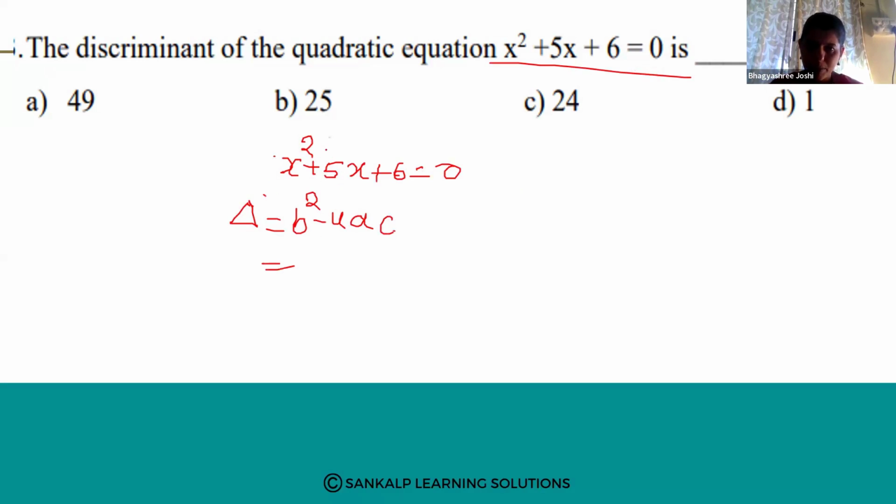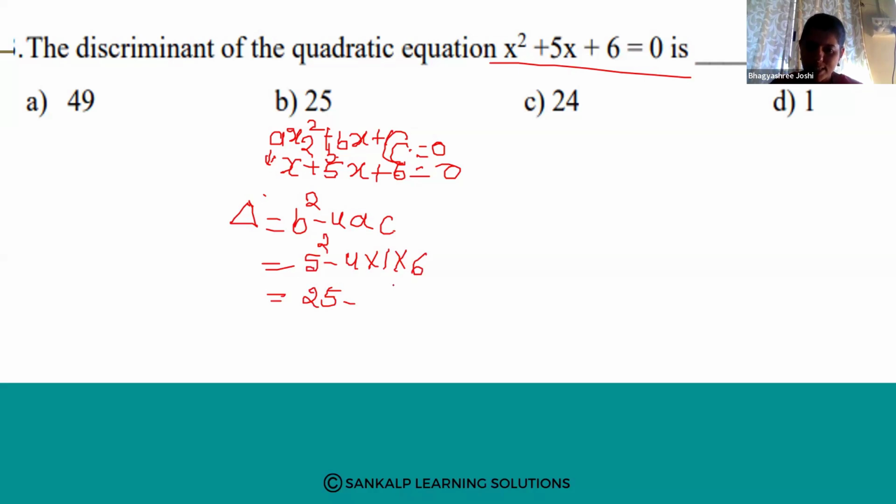The a value is 1, b value is 5, c value is 6. The standard form is ax square plus bx plus c equal to 0. So b square, b value is 5 here. So 5 square minus 4 into a value 1, c value 6.